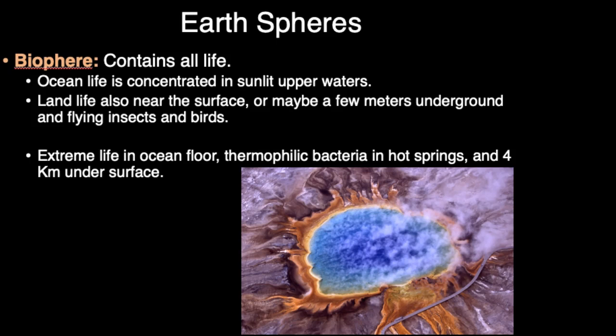Okay, so the third sphere here is the biosphere, and it contains all life. Ocean life is concentrated for the most part in the sunlit upper waters, which are going to be depths of up to 200 meters or so.